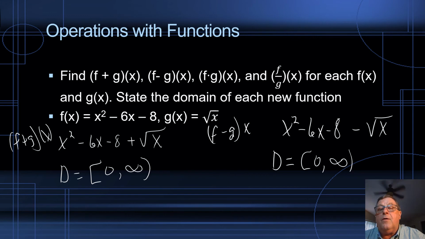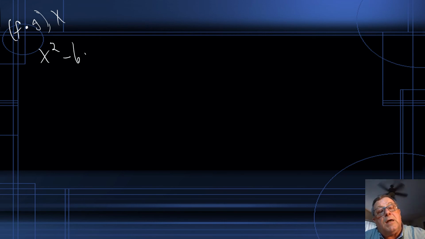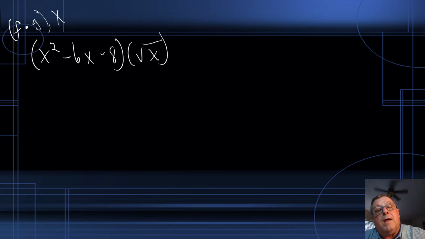Okay, well now let's move over and multiply these. All right, so now we got f times g of x. And let's see, f of x was x squared minus 6x minus 8. And now we're going to multiply that by g of x, which was the square root of x. Well, we're really just going to distribute this square root of x to these other three terms. So now we've got x squared times the square root of x.